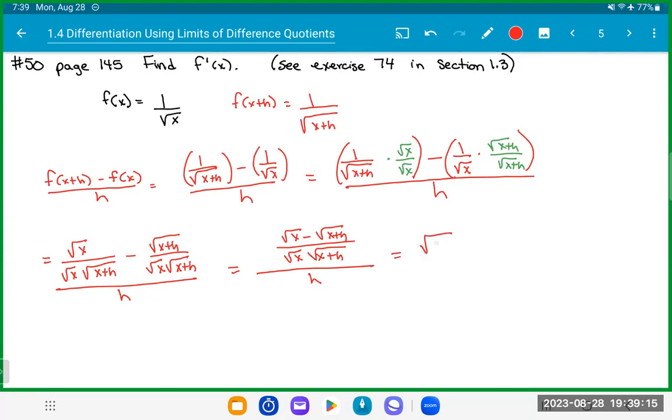So this is the same as square root of x minus square root of x plus h over square root of x times square root of x plus h, times, remember that's the same as multiplying by the reciprocal, so that's times 1 over h. Okay, any questions about that?